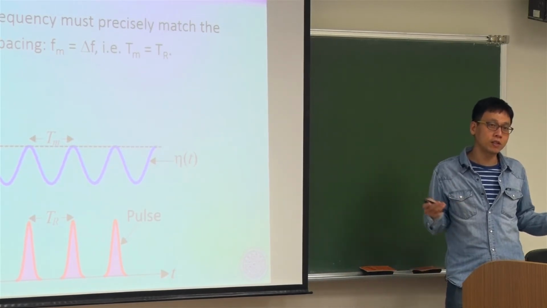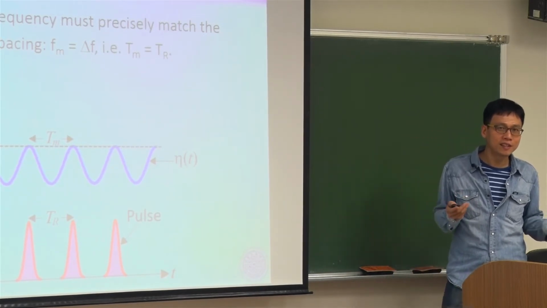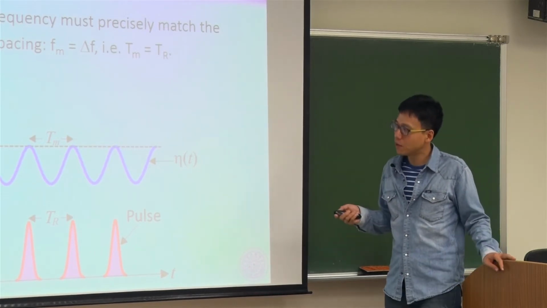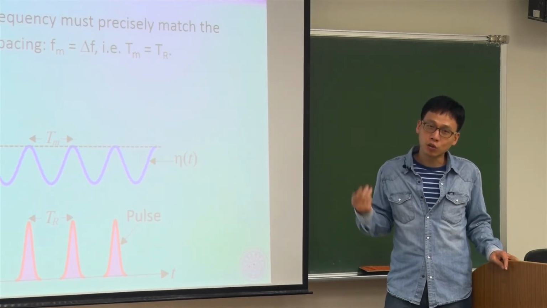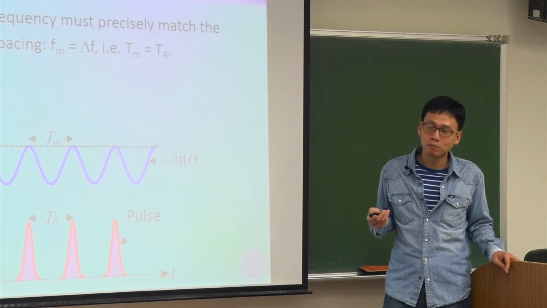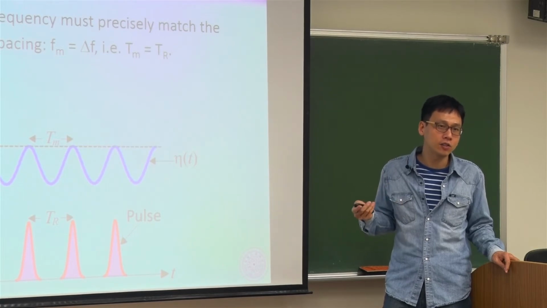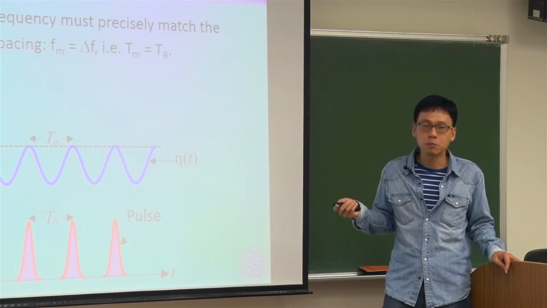Your pulse-shortening effect would be disturbed. Okay? At that time, maybe the pulse cannot be shortened, but broadened if the misalignment is really serious. But other than that, there is a timing issue.